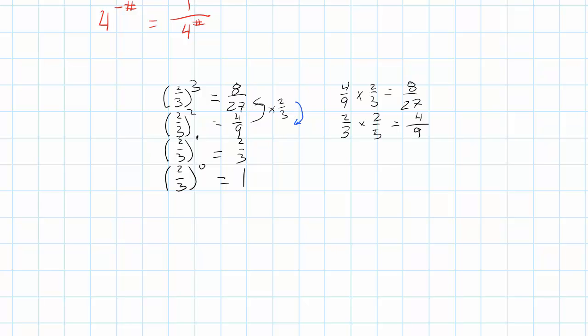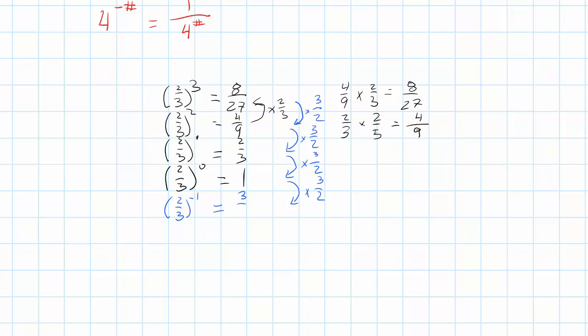Now, when we went this way, we multiplied by 2/3, which means to go this way, we want to divide by 2/3, which is the same as multiplying by 3/2. So here we multiplied by 3/2. Here we multiplied by 3/2. So if I want 2/3 to the negative 1, I'm going to multiply by 3/2 again.